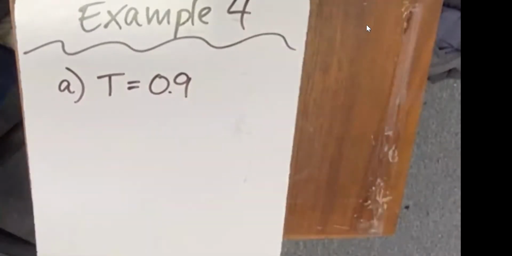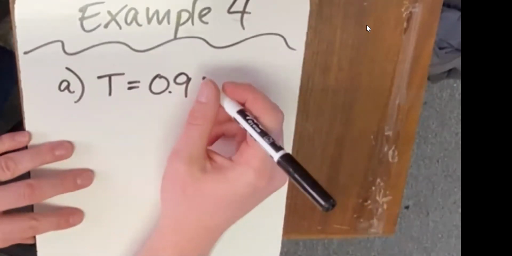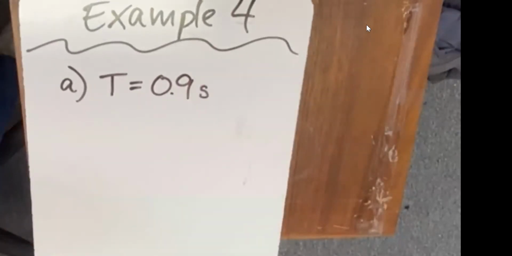And since it is 90 cents per song, I would write 0.9 times S. I'm just going to put a little S right there. All right, so T equals 0.9 times S. That's part A.